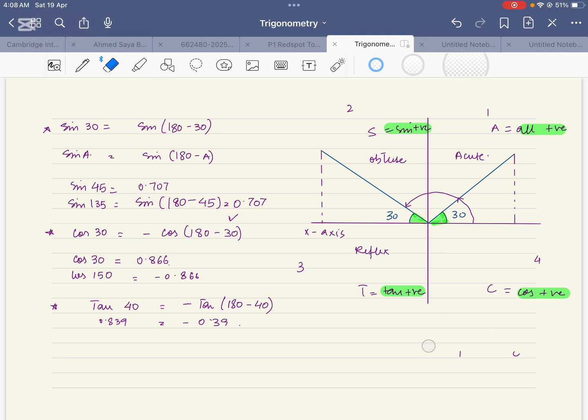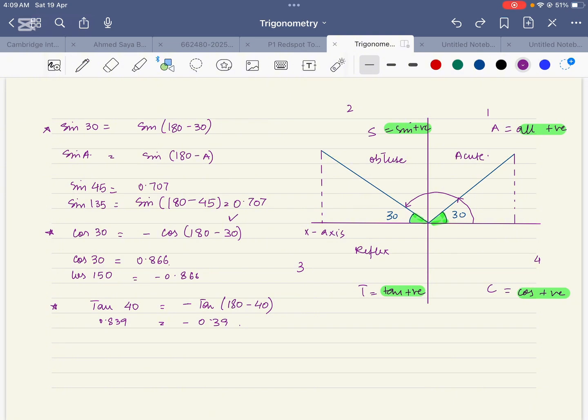Now when we are talking about obtuse angles and trigonometry, there is a rule that we always look at the angle which the line makes with the x-axis. So when we are talking about 30 degrees, we are talking about 30 degrees as well as 150 degrees, because 30 degrees are here and here. In all quadrants we have 30 degrees.